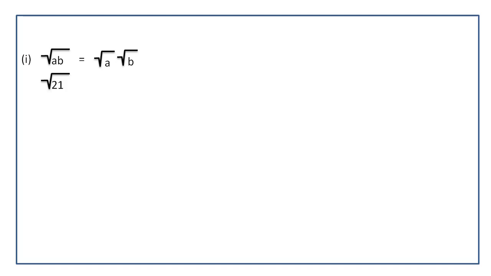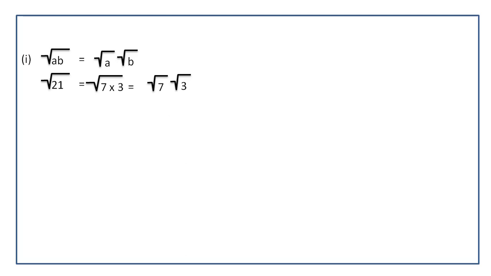For example, square root of 21. 21 can be written as 7 times 3. So it can be further split up into square root 7 and square root 3.